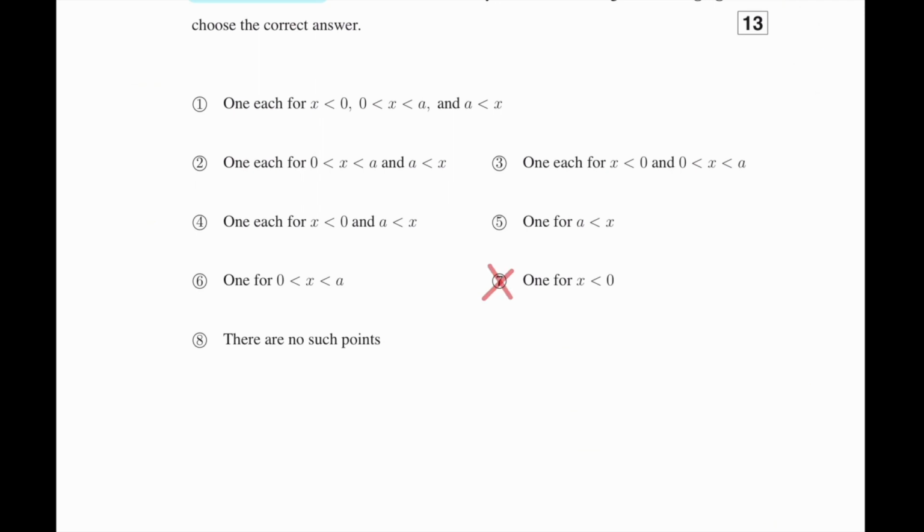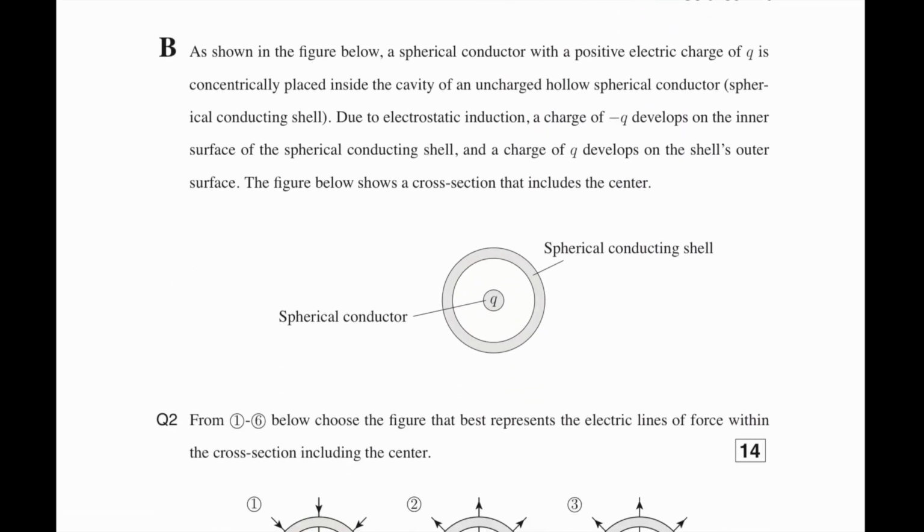Okay, let's move to number 14. As shown in the figure below, a spherical conductor with a positive electric charge Q is concentrically placed inside the cavity of an uncharged hollow spherical conductor.